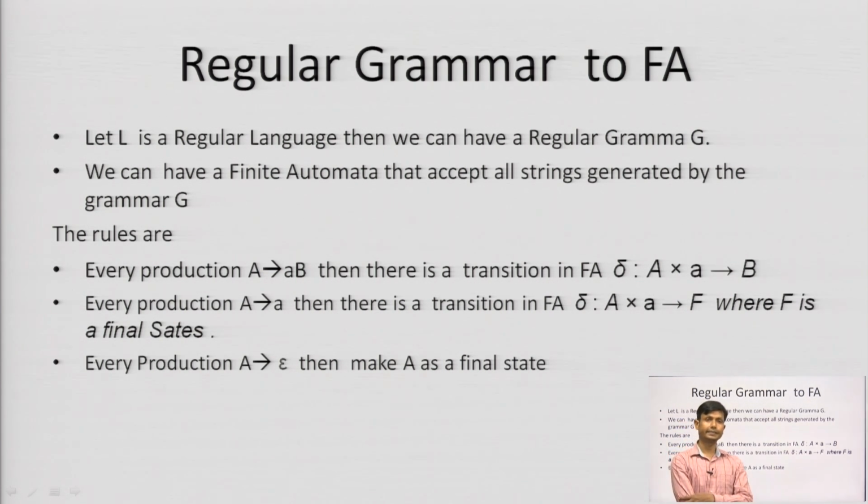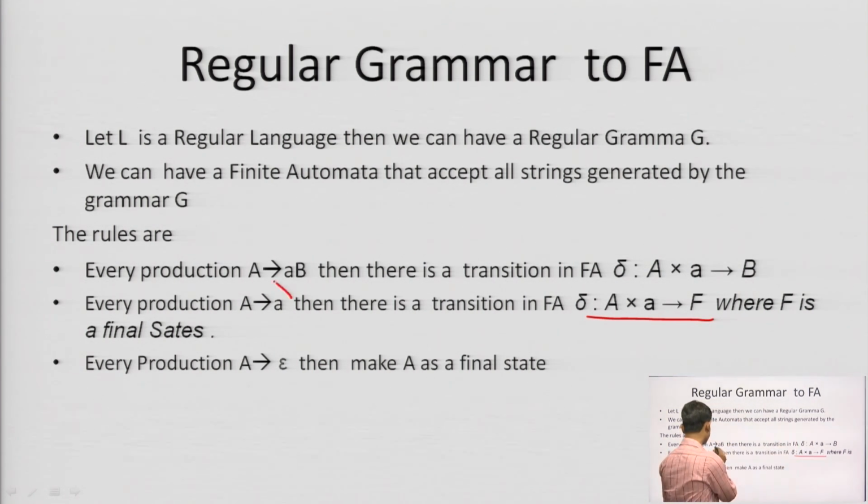If a production derives only a single terminal, A to small a, then there is a transition from A to F, meaning A is a state, small a is the input alphabet, and it goes to the final state.